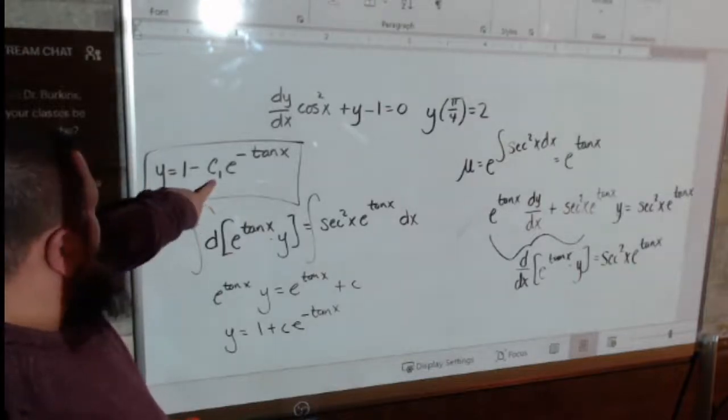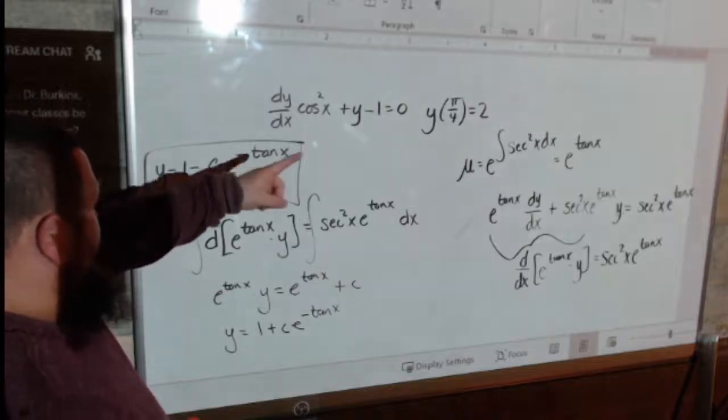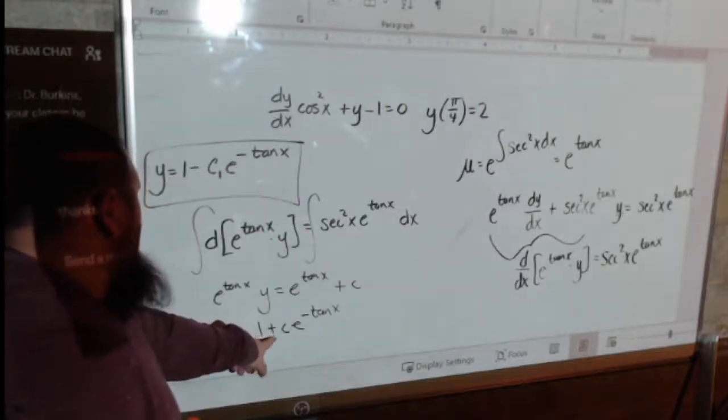Right, that c there would be a negative number when I solve it for that value, and this one would be maybe a positive.